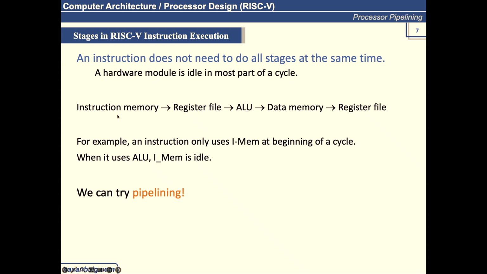Similarly, when it reaches the ALU, both of these components remain idle. They are not doing anything. So in order to make use of that, we apply pipelining. When one instruction moves to the next phase, we start fetching the next instruction, or let the next instruction go into the previous stage.